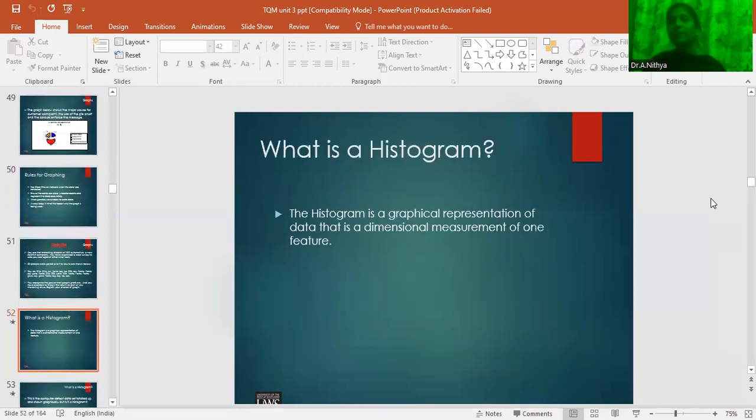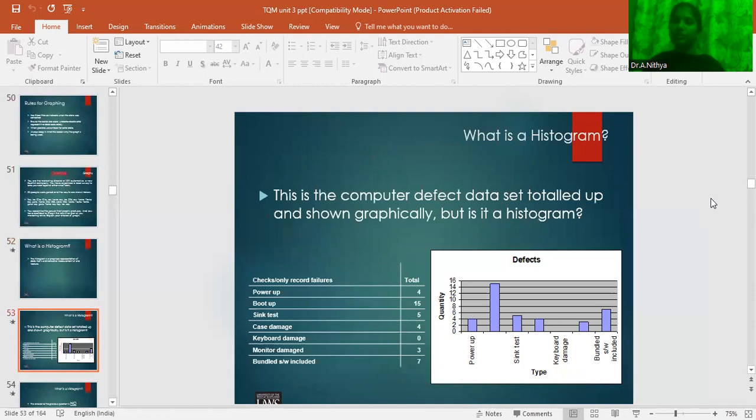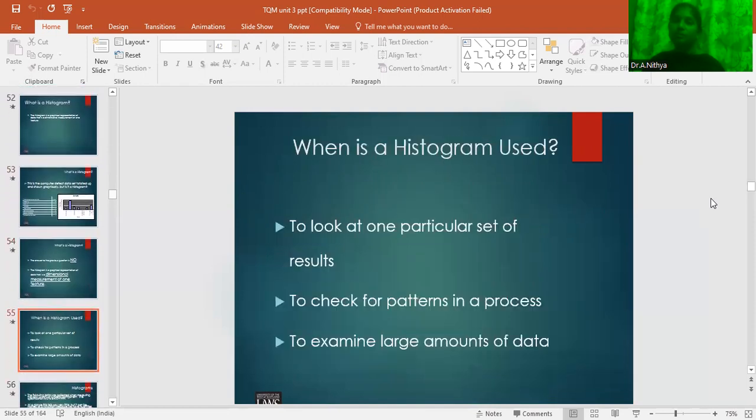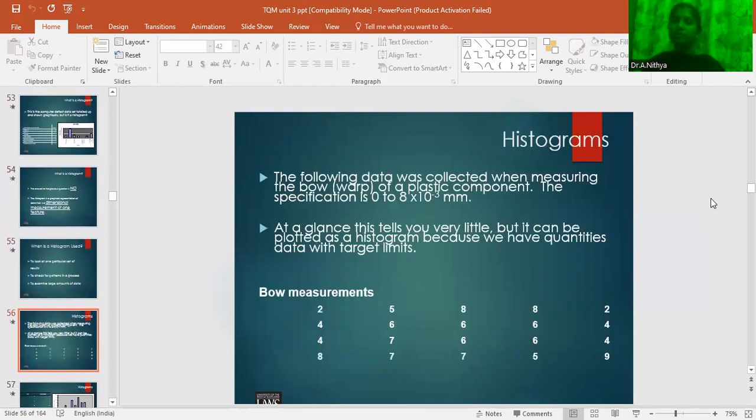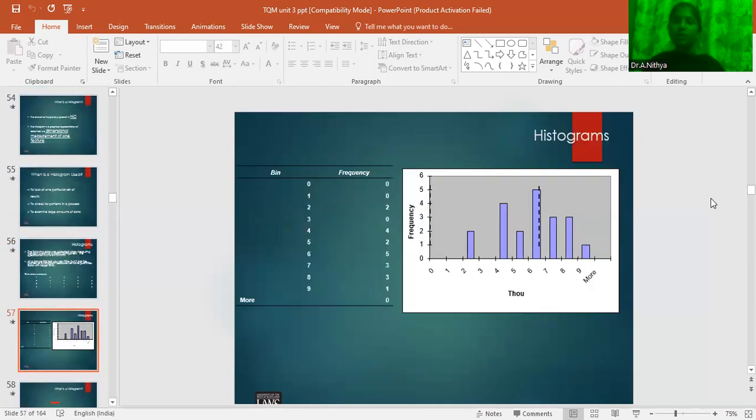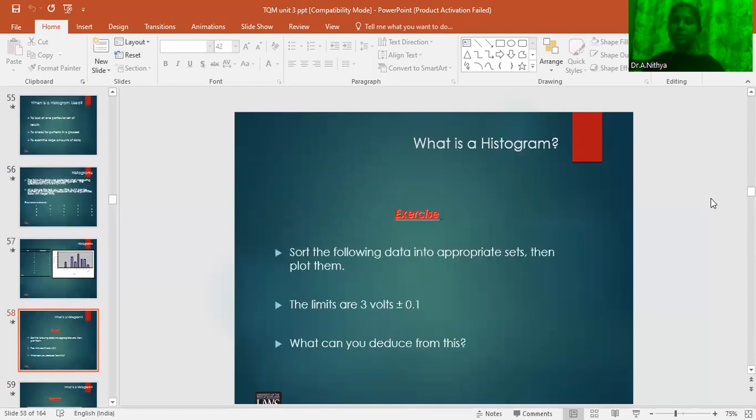So histogram is a graphical representation of data that is a dimension measurement of one picture. So these are all the examples of histogram.